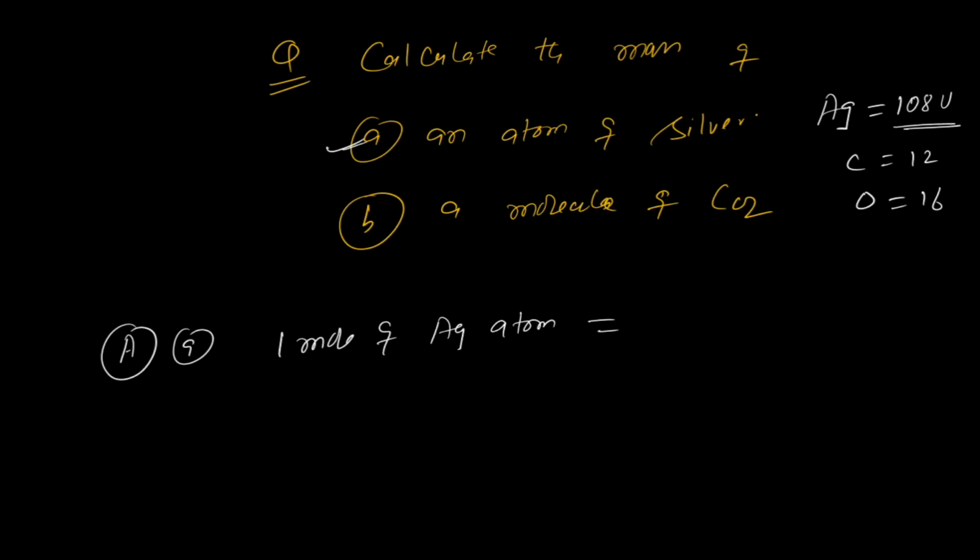So it's 108 when you write it in the form of gram. So this is 1 mole of silver atom, and we know it is 6.022 into 10 power 23 atoms. So what do you have to find out? Calculate the mass.